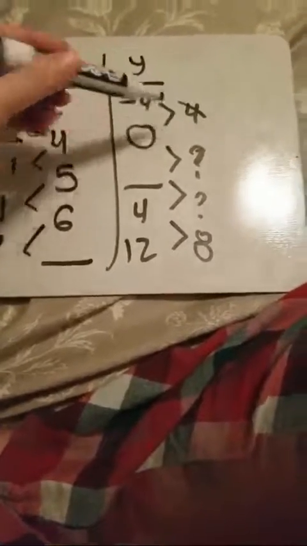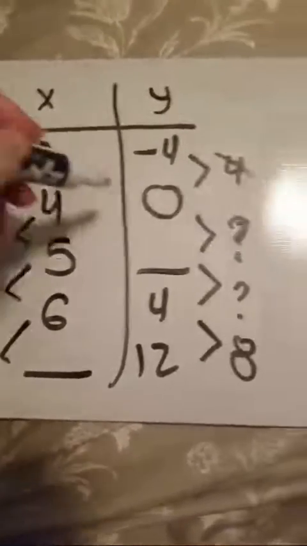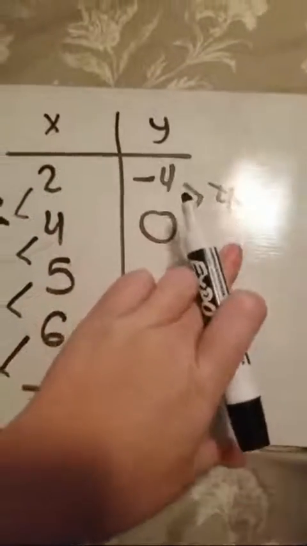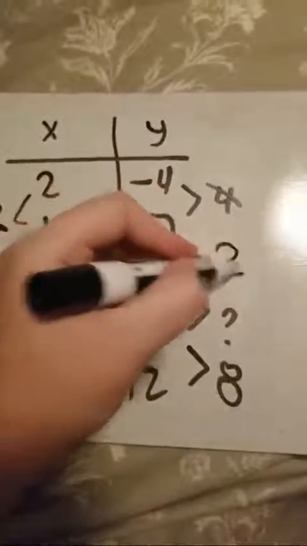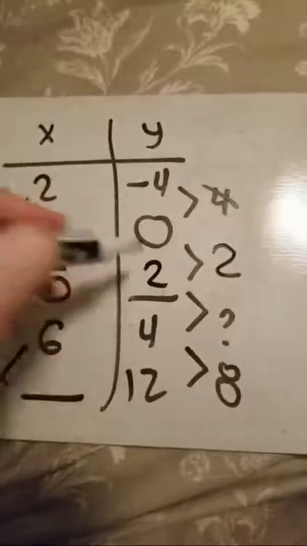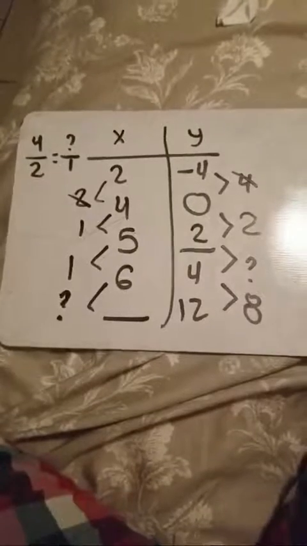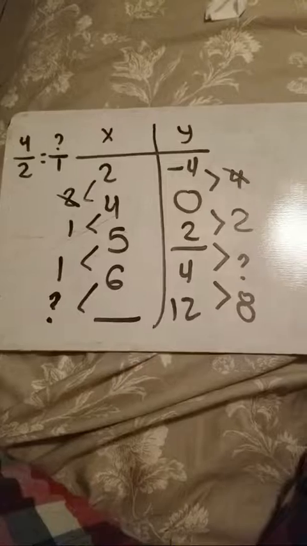So that's up 4. I went from 4 to 2, so I have to find some number that makes this fraction equivalent. Half of 2 is 1, half of 4 is 2. So I'm going to put a 2 here. 0 plus 2 is 2. Do we understand how we got from 4 to 2 to 2 to 1?